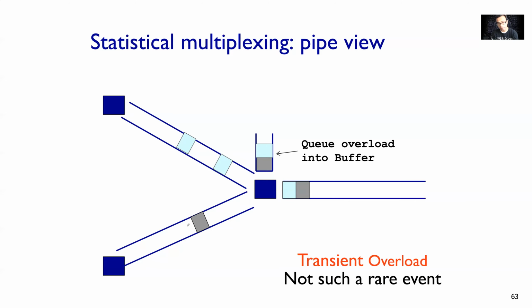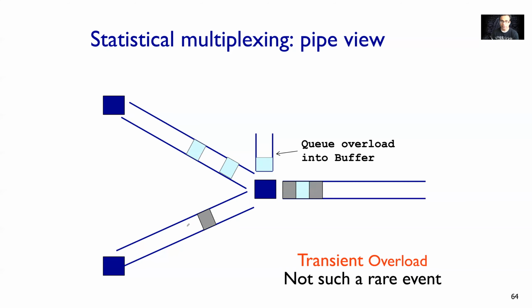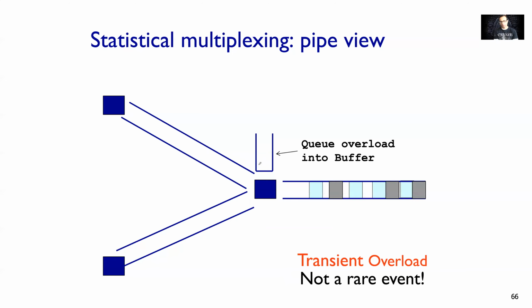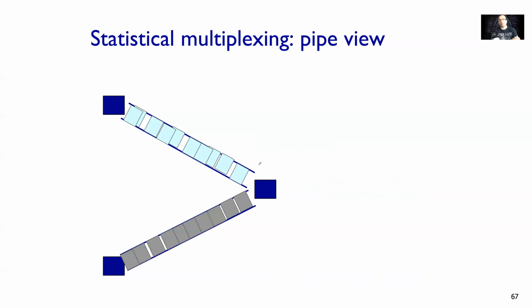So now we have two packets in the buffer, two were sent, but not an issue. In the third time slot, one of those packets in the buffer can be cleared. And in the fourth time slot, the second packet in the buffer can be cleared. And then we can keep moving forward. So having these packet buffers allows us to very easily solve the transient overload problem.